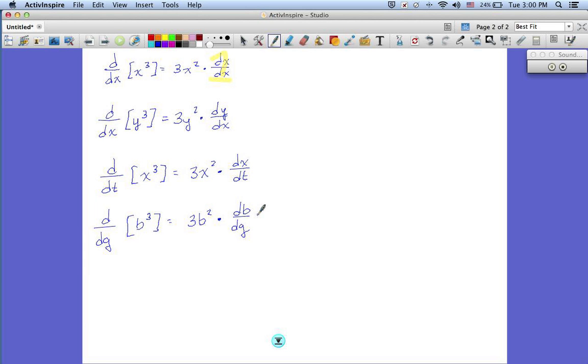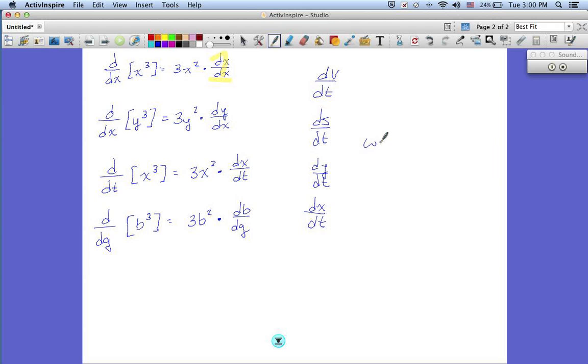Common ones that we will see: velocity or volume, dv dt will come up, or ds dt, or dy dt, or dx dt. This is the derivative of v with respect to t, the derivative of s with respect to t, the derivative of y with respect to t, and the derivative of x with respect to t.